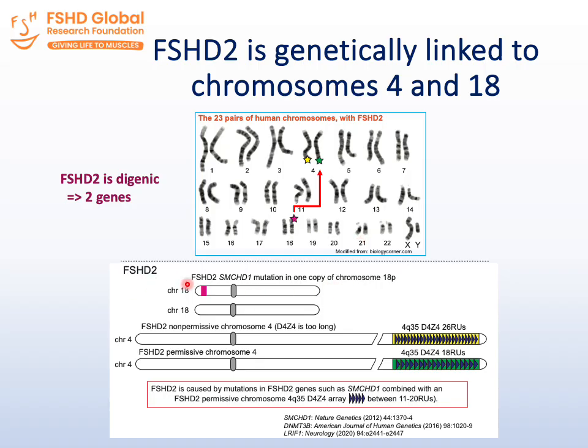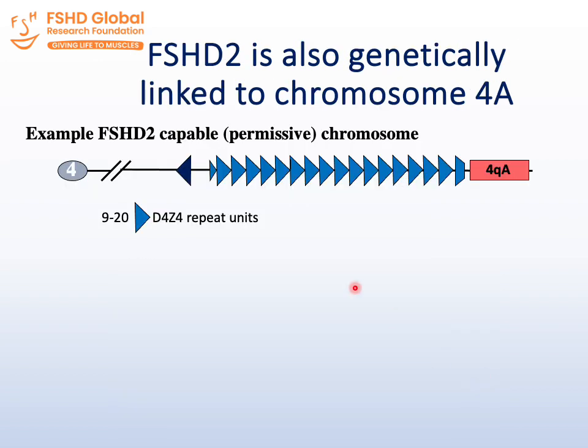So in FSHD2, the SMCHD1 gene is located on chromosome 18p, the short arm of chromosome 18, near the end, and you need one mutation, so either the allele from mom or the allele from dad, and you need a special D4Z4 repeat unit with a 4A on chromosome 4. Okay, so that's an example of an FSHD2 capable, or permissive, chromosome.